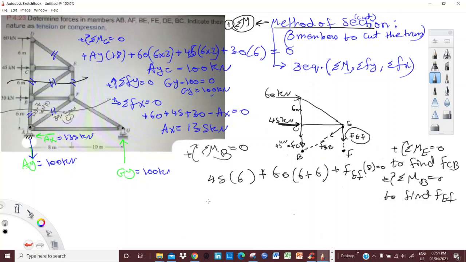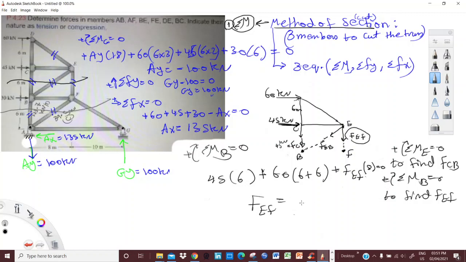Let's do it by calculator: 45 times 6, 60 times 12, divided by 8. So we can find FEF.